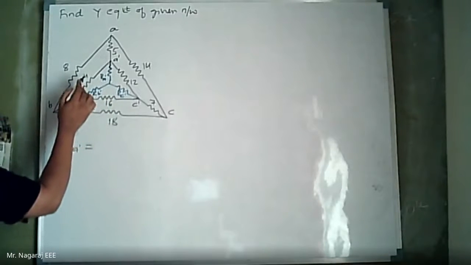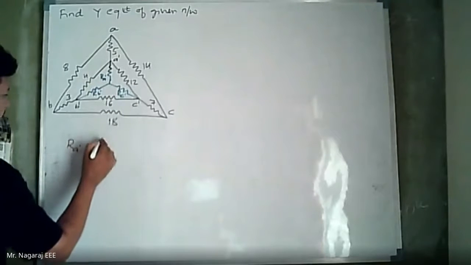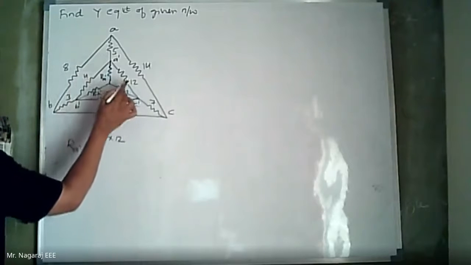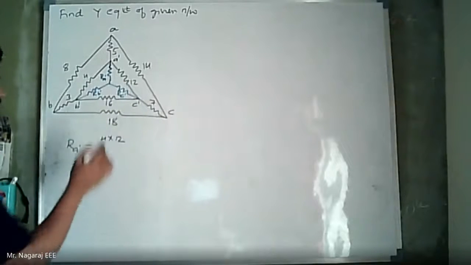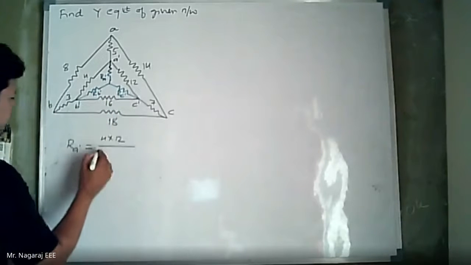Now let me take RA dash. It is a delta to star conversion: multiply the two resistances connected to the terminal A dash, divided by the total resistance in the delta. So RA dash is 4 into 12, since the 4 ohm and 12 ohm are connected to A dash, divided by 4 plus 12 plus 16.